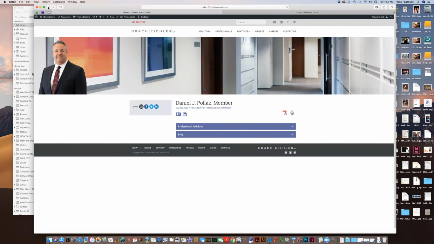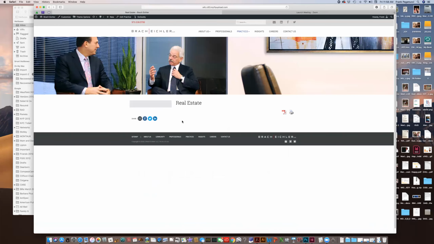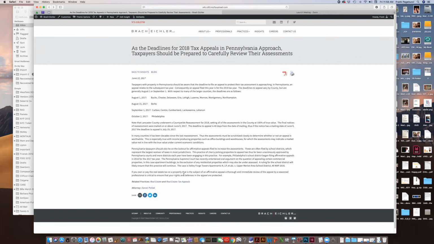That's working nicely. That's the way it's supposed to be. The same function should happen here in practices. So if I click on real estate, there should be a purple accordion here. We don't have the content in there, but the purple accordion should appear there as well. Was the function already made to do this?